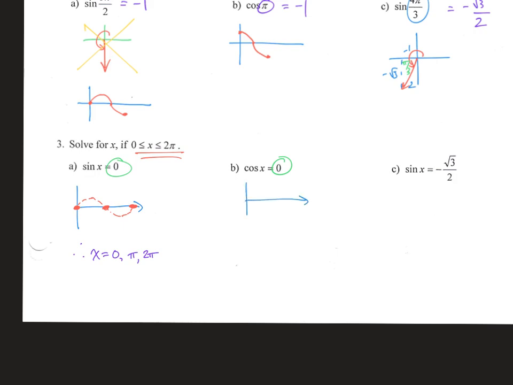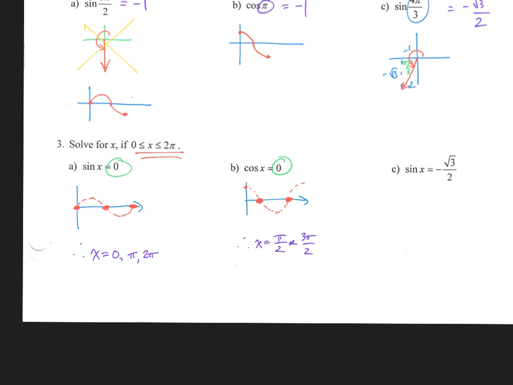And so I think about my cos curve. My cos curve starts at the top and falls. Hits a 0 at pi by 2, minimum at pi, 0 at 3 pi by 2. And so I have my solutions again. Therefore, x equals pi by 2 in the first case, or 3 pi by 2 in the second case.